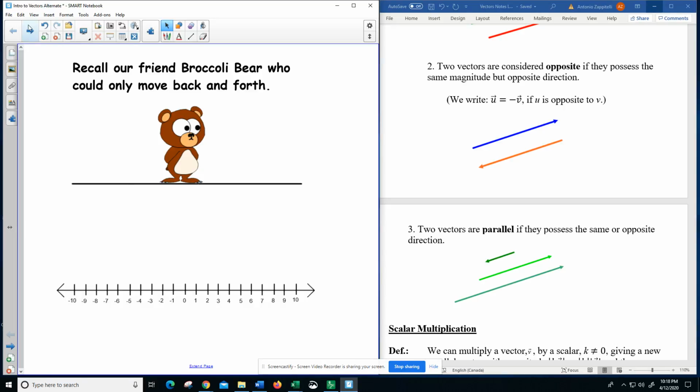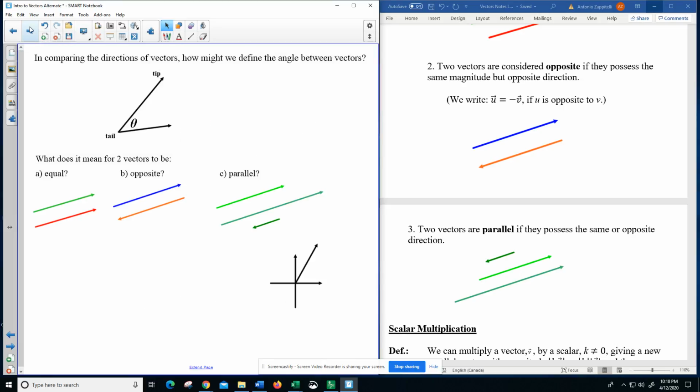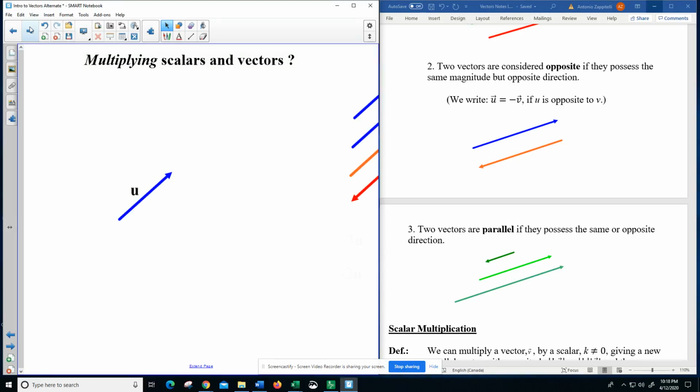All right, so now we're going to go to our first operation with these new mathematical objects, because if we're going to be dealing possibly with more than one vector, we need to find ways of combining them. In other words, operating on these vectors. Let's start with this example here.